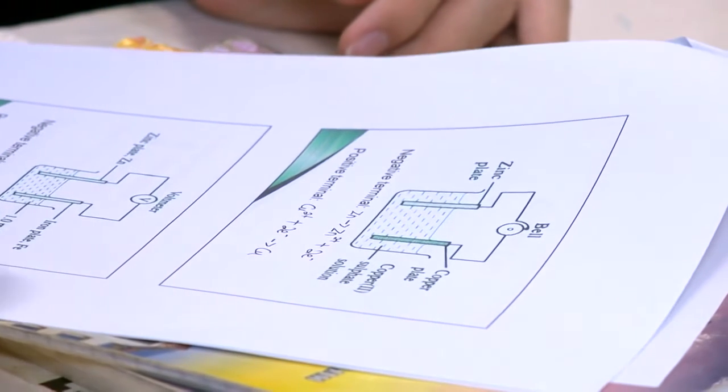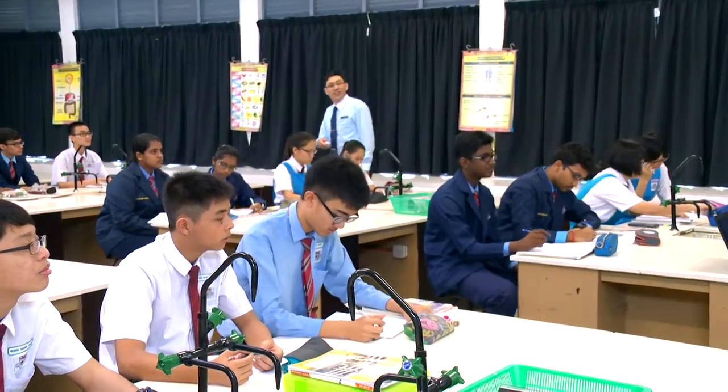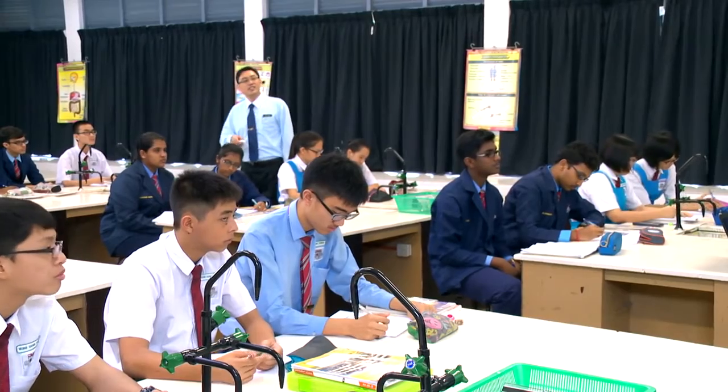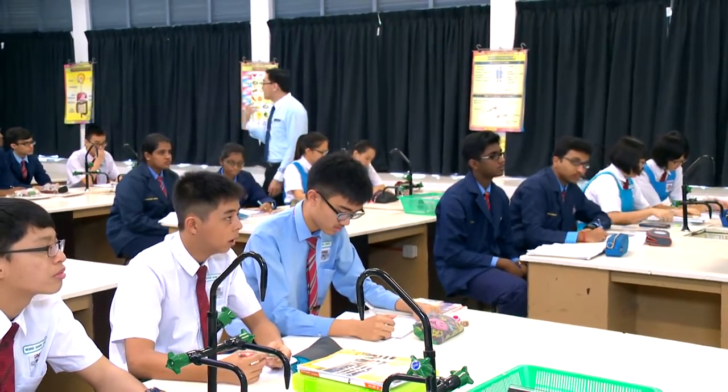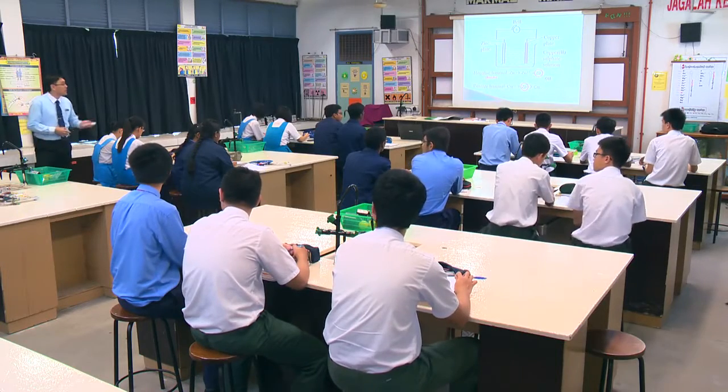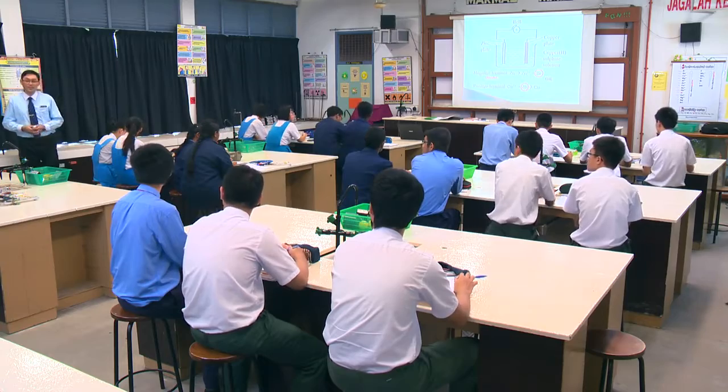Okay, now we turn to another one. Just now we said that if the electron is on the right hand side, we call it lose electron. Now if I write the equation with the electron on the left hand side, Hariharan, can you help me? On the left hand side, what does it mean? Gain electron. Correct.